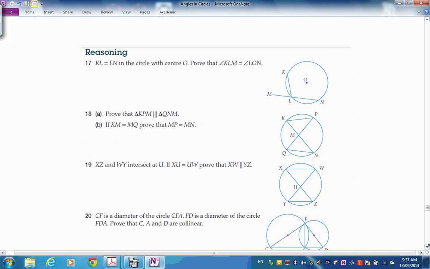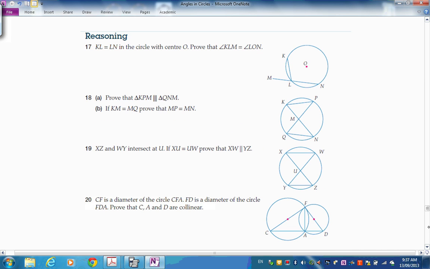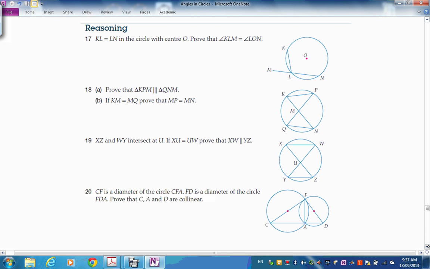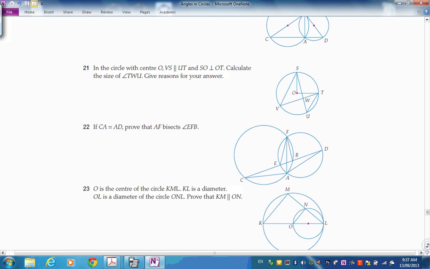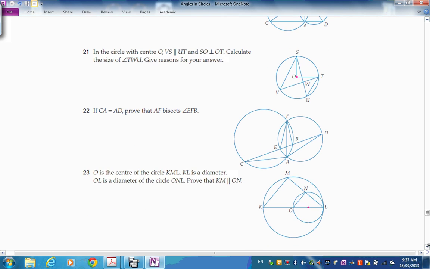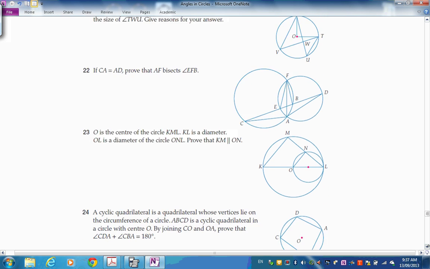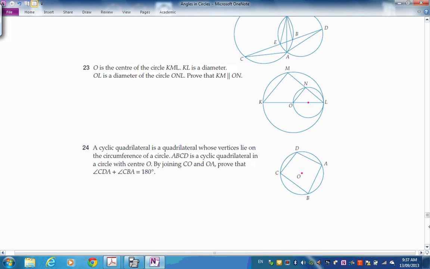And some reasoning ones here, harder again. 17, 18, 19, 20. Have a look, have a go. Let's go to the answers. Oops, no, I think we've got some more here. 21, 22, 23. I think that's it then. Up 24. Nearly there.